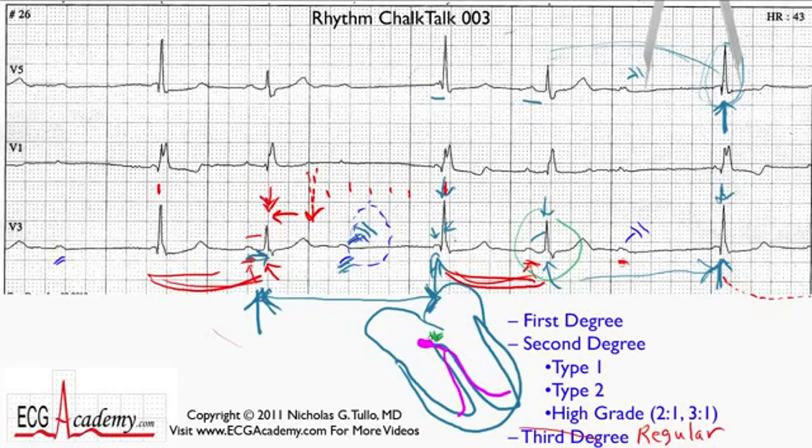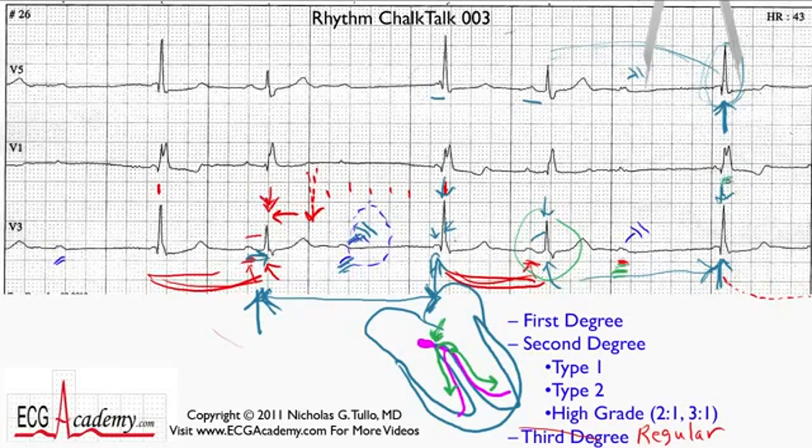But instead, because this patient has AV block, we've already decided this person has second-degree AV block, the AV node must be pretty sick. And even the AV junction is pretty sick and it's not generating the proper beat. But somewhere down here in the Purkinje system, there is a healthy focus that's taking over as the escape. And because the beat goes down one bundle and then has to go back up to the His and turn around to go back to the other bundle, it kind of distorts the QRS complex.